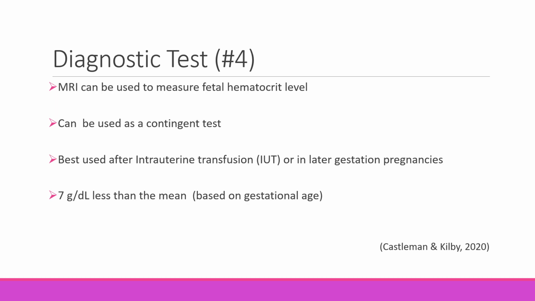A fourth test that can be done is an MRI. An MRI can be used to measure fetal hematocrit levels. It can be used as a contingent test, meaning that they don't usually use it as the only test, but with other testing. It's best used after an intrauterine transfusion or in later gestational pregnancies, where, like I already explained on the previous slide, the other test is not as specific as the gestation increases.